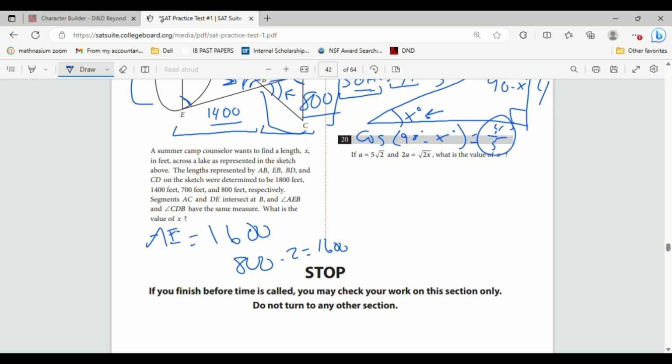And so, number 20, the last question of the no calculator: if a equals 5 times the square root of 2, and 2a equals the square root of 2x, what's the value of x?